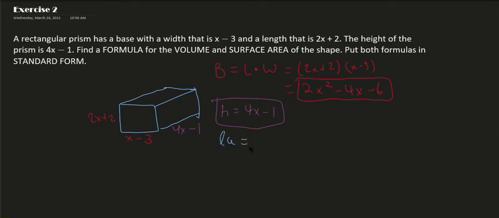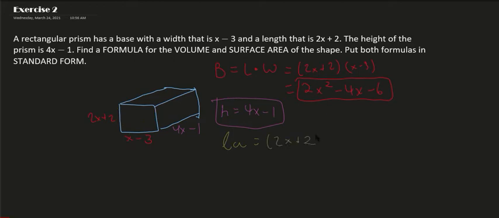it's not that hard, you guys. It's just these two added up twice, because there's two of these. Let me change colors. Our LA is basically this, and there's another one over here and over here. So it's basically the perimeter of the bases twice.